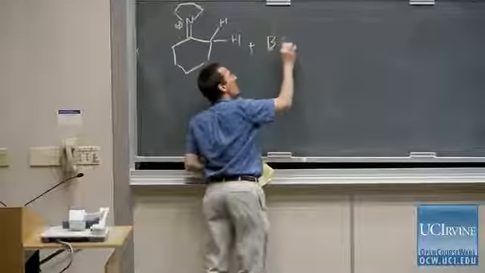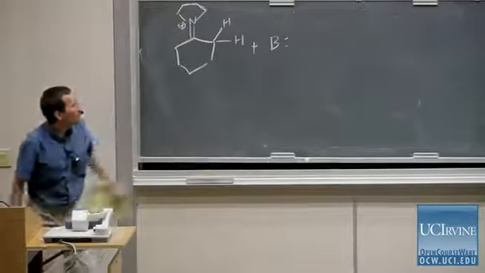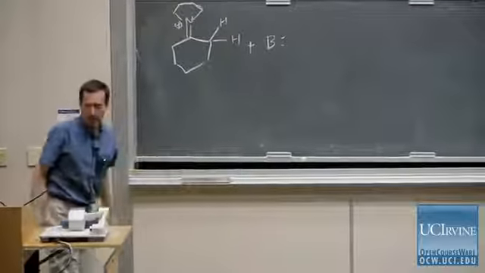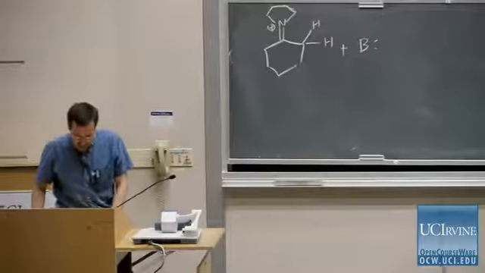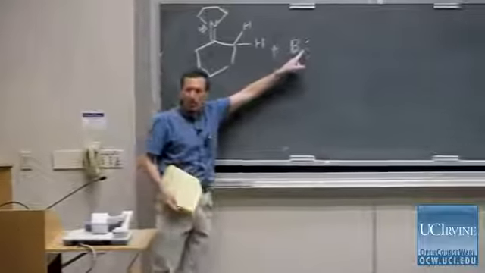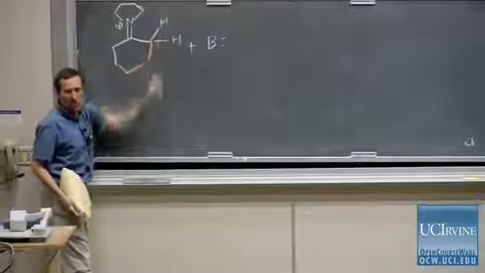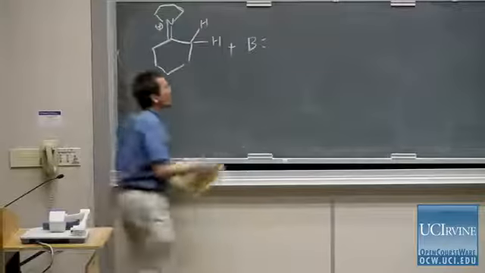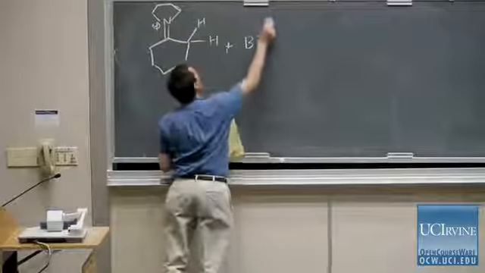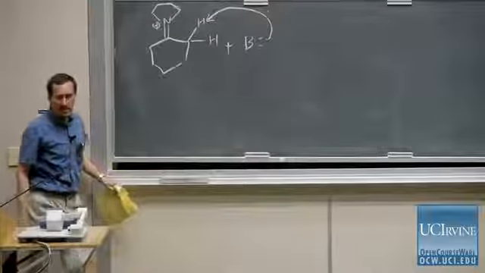The base, among other things, is the base that just got released over there. It can be amine. You could think of it as being water. So we have various basic species around. One way you can think about it is the base pulls off this proton.